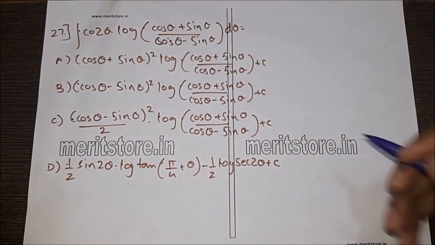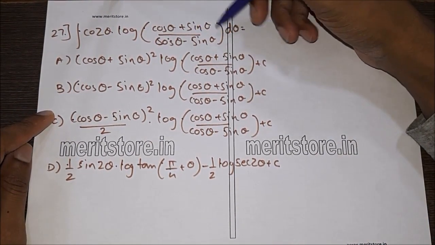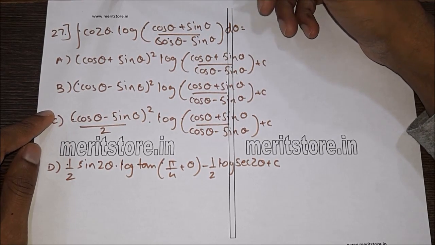Question 27. Integral cos theta log cos theta plus sin theta upon cos theta minus sin theta d theta equal to.